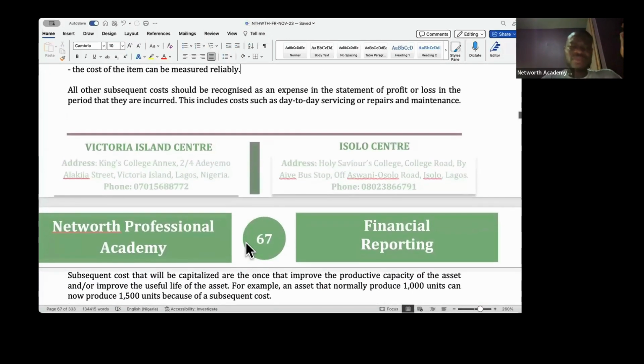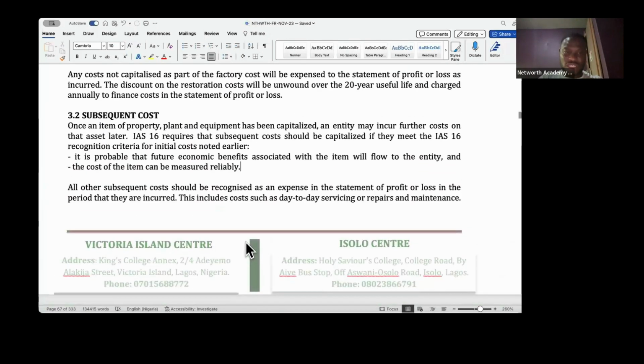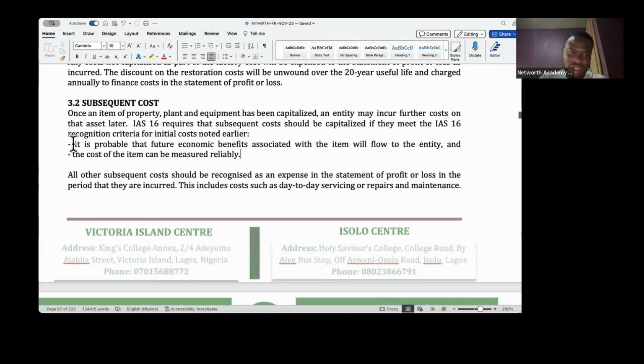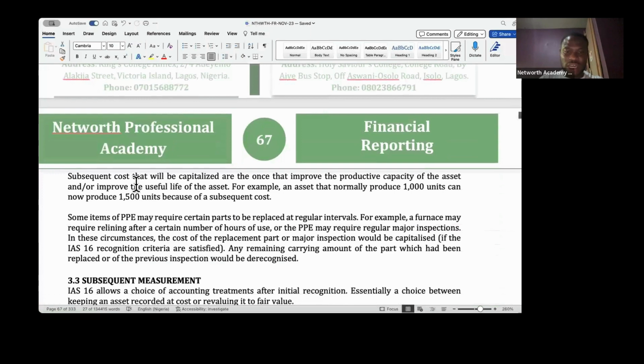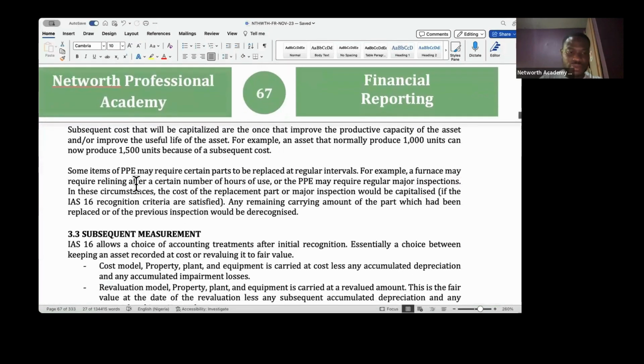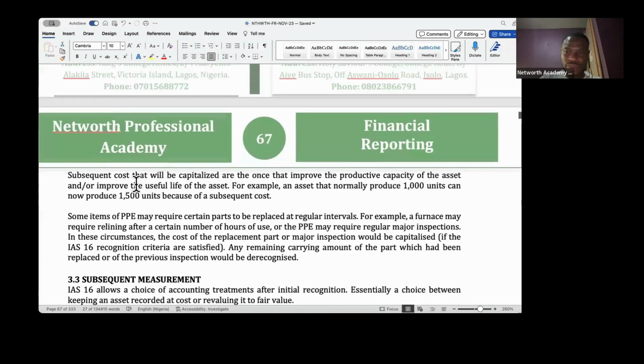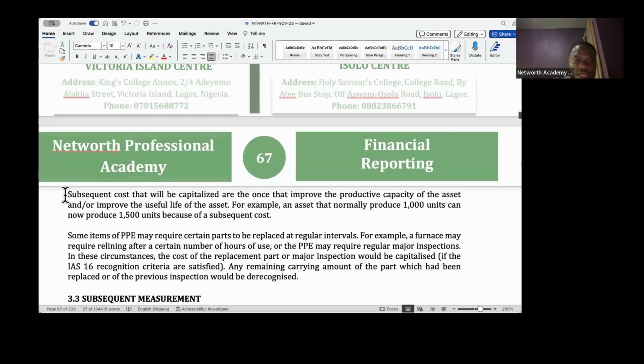However, the way you will know in your exam whether it meets these two criteria is they will tell you that they incurred the cost, and that cost improved the productive capacity of the asset, or it improved the useful life of the asset.